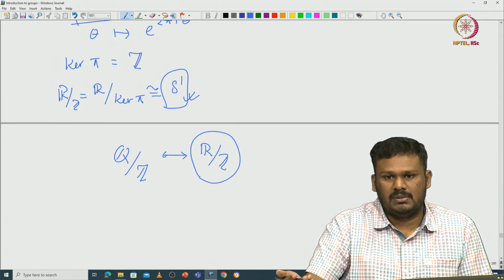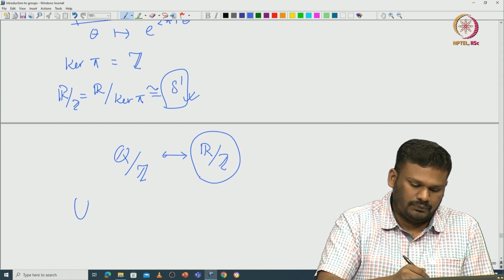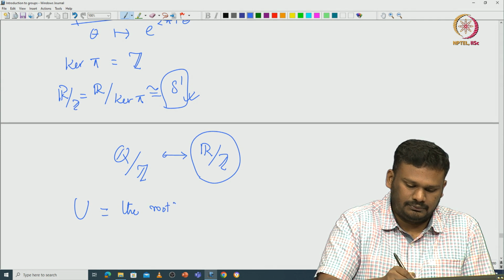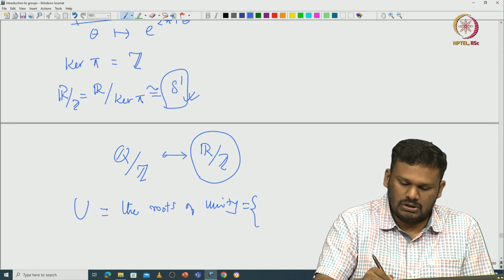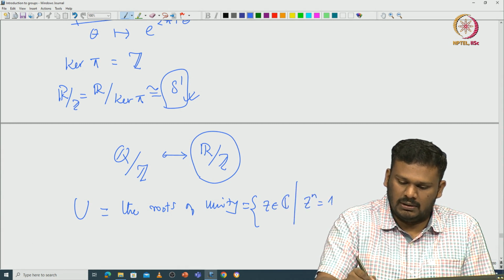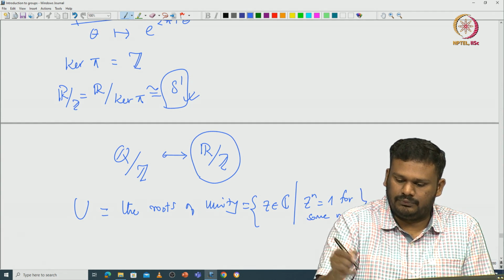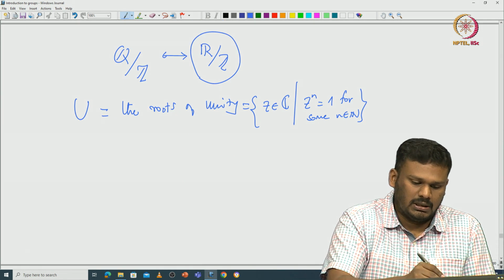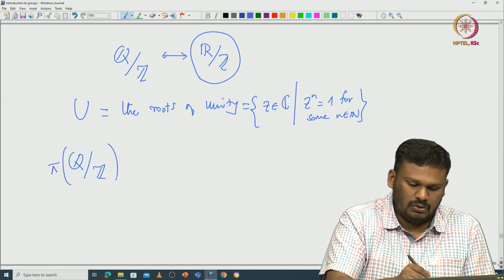Finite order elements in S1 will be just roots of unity. Okay. So this U is the roots of unity. That means those z in C such that z to the n is 1 for some n in N. If you take this as the definition of roots of unity, then you can see that Q mod Z is mapped by pi to exactly U.